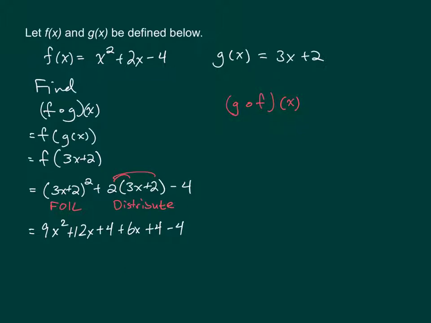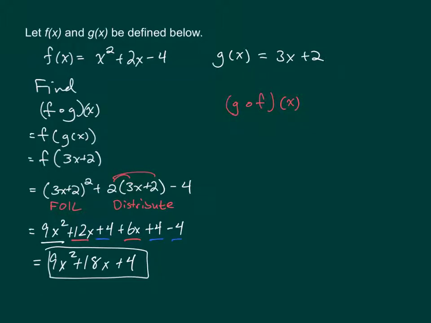So here I have some x squareds. In red underline I have some 6x's, and in the blue underline I have constants. So when you combine all of these together, you will get this. And this will be your final answer for your composition.